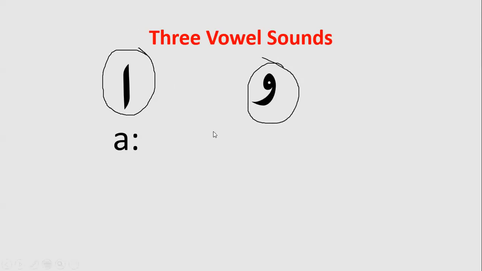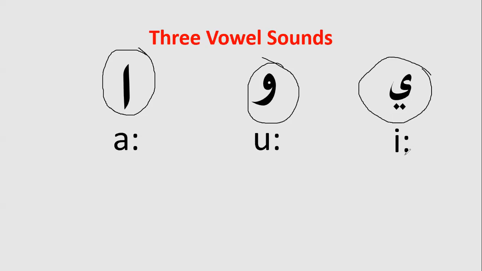And the next one is e, and this is the letter that makes this sound. So the three are a, u, e. That's it. We never have any other vowel sounds in Arabic.